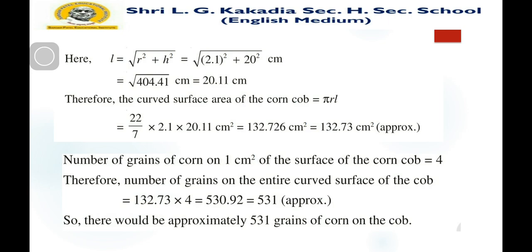Therefore, the number of grains on the entire curved surface area of the cob is equal to 132.73 into 4, which is equal to 530.92, which means we can get approximately 531 grains on the corn cob. So there would be approximately 531 grains of corn on the cob.